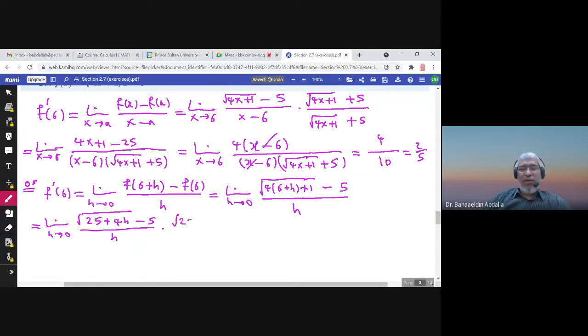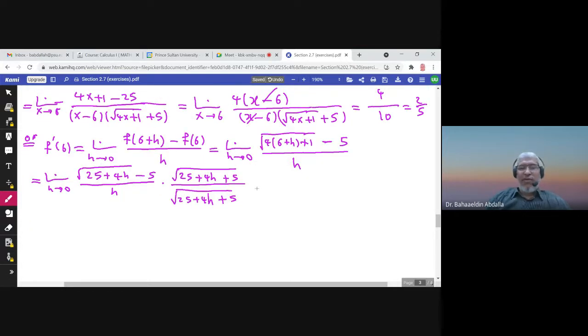So I will multiply by the conjugate of the numerator. So I will have the limit as h approaches 0 of... Well, this is not like this. No. Square root of this. Okay.